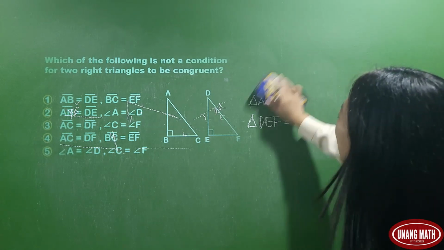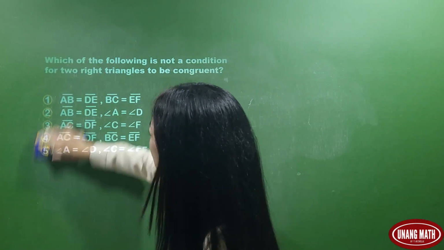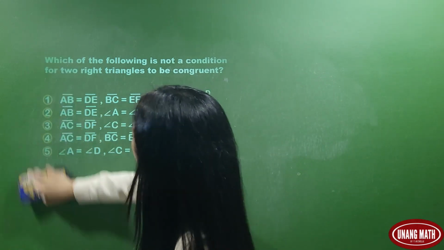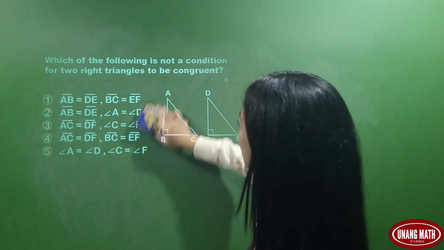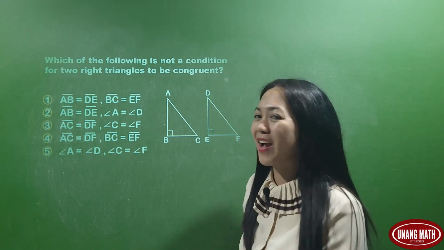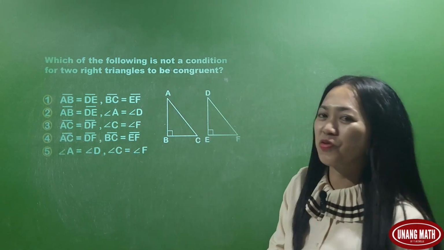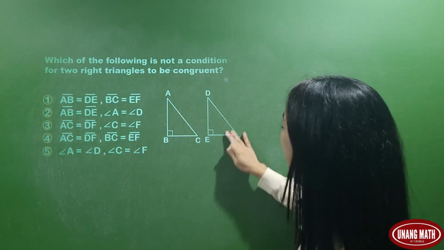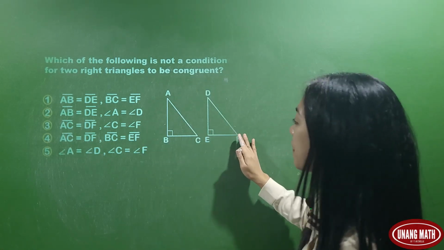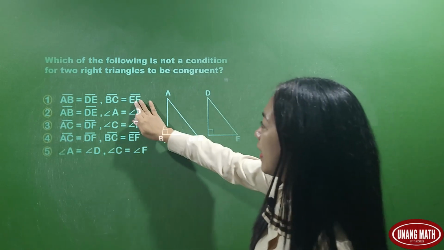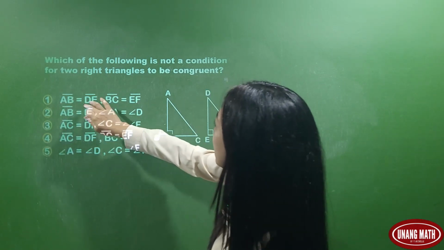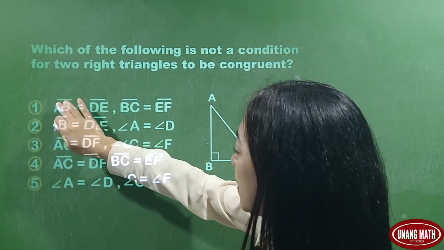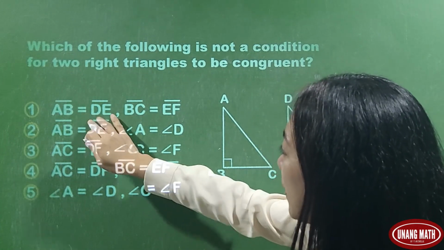Okay, now let's answer this simple question. Which of the following is not a condition for two right triangles to be congruent? Okay, so these are the two right triangles that will be our basis. Let's have first this first option. Segment AB is equal to segment DE.